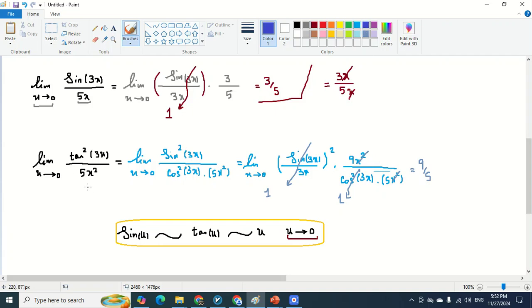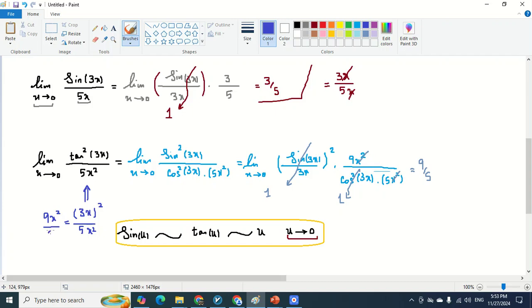However, at the beginning of that calculation, because tangent is equivalent to u, instead I could write 3x totally squared. This is the numerator, and for the denominator I can write 5x square, and 3x totally squared is the same as 9x square over 5x square.